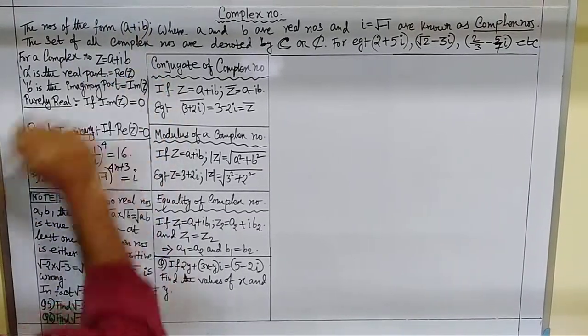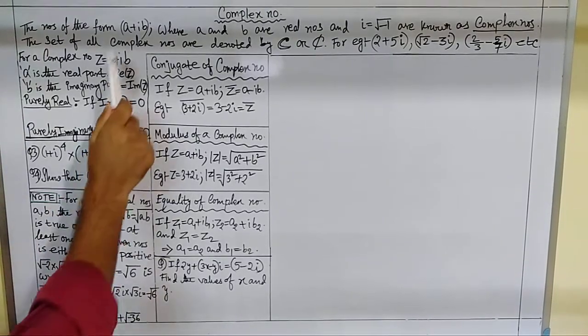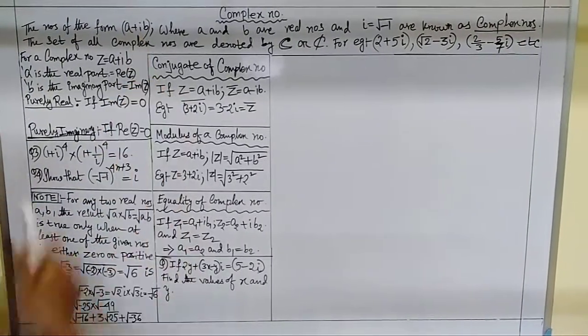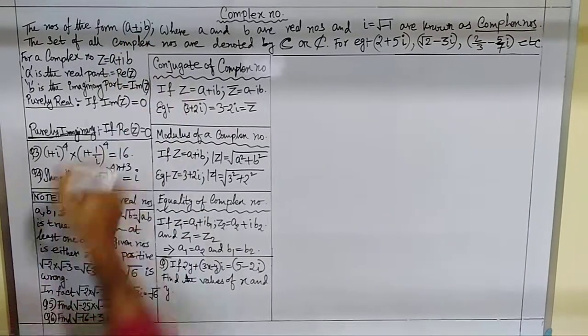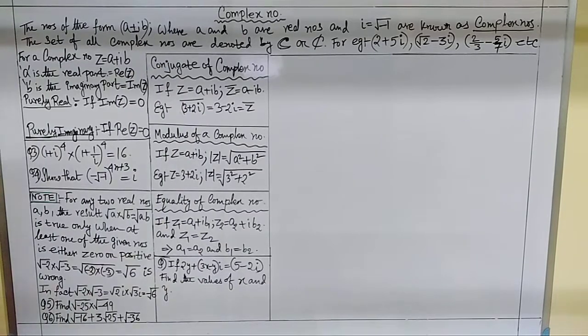And i means its value is root over of -1. So a real number plus or minus ib, where b is also a real number, will be called a complex number.